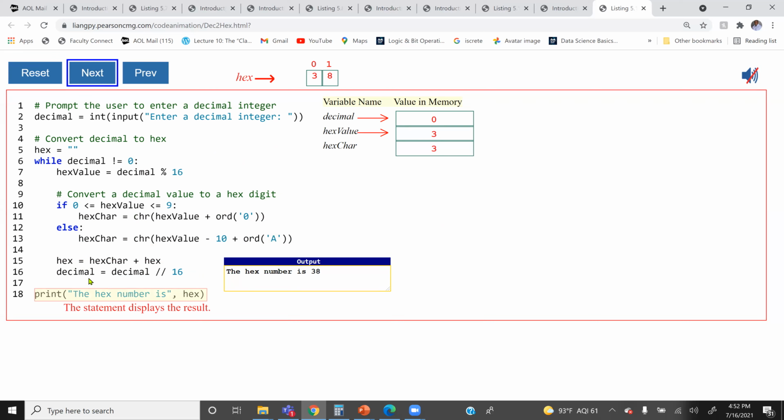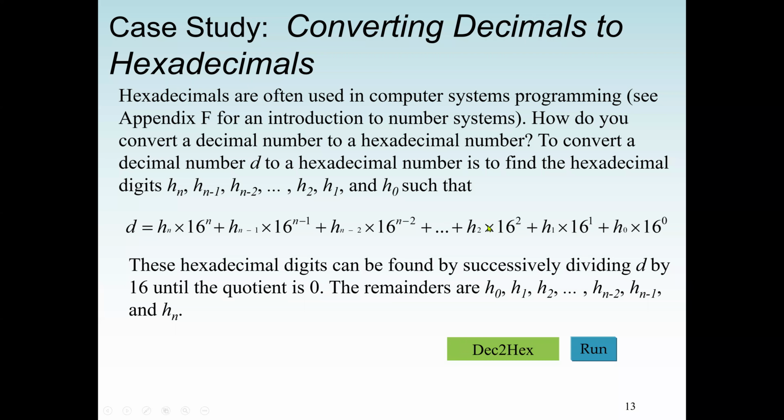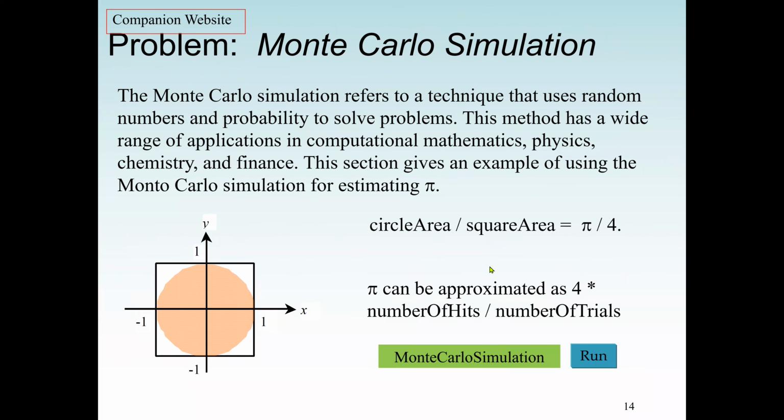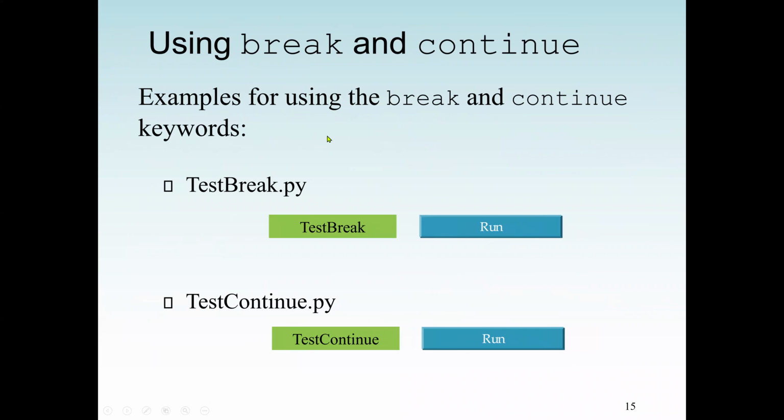Until the decimal value becomes 0, then we can't divide anymore. Then we stop. So the correct answer for the result will be 38. So we can see 3 is in the first position, the second digit is 8. So that will be the conclusion for this one.